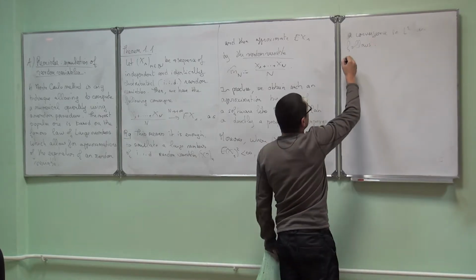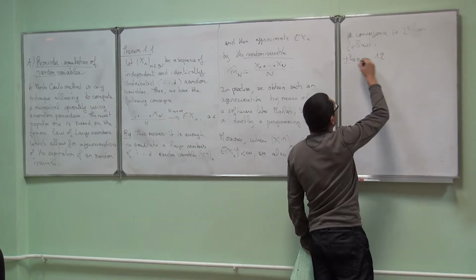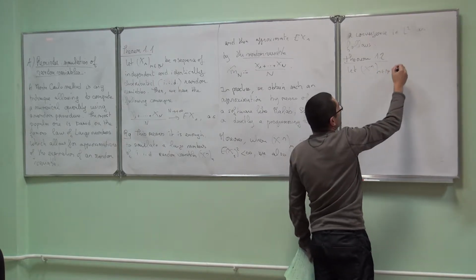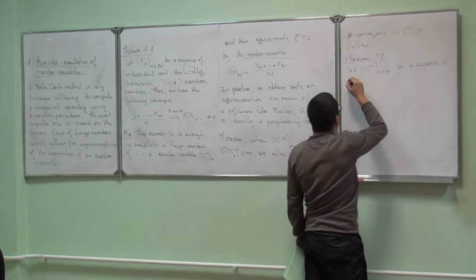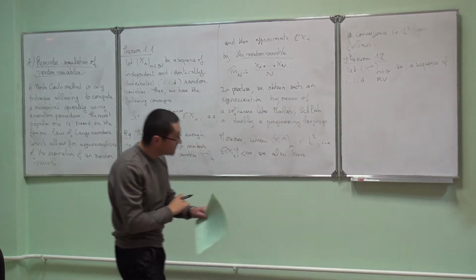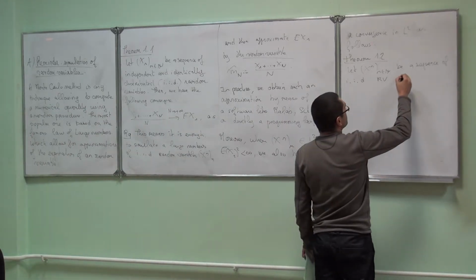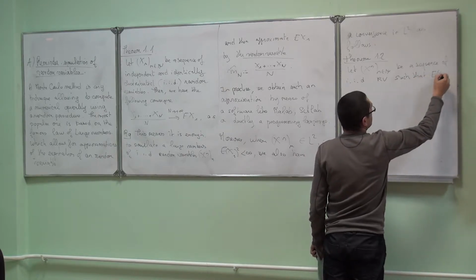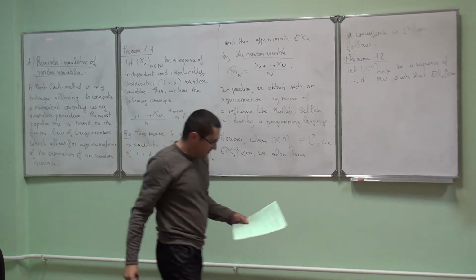So, theorem. Let X_n be a sequence of IID random variables such that the expectation of X_1 squared is finite.